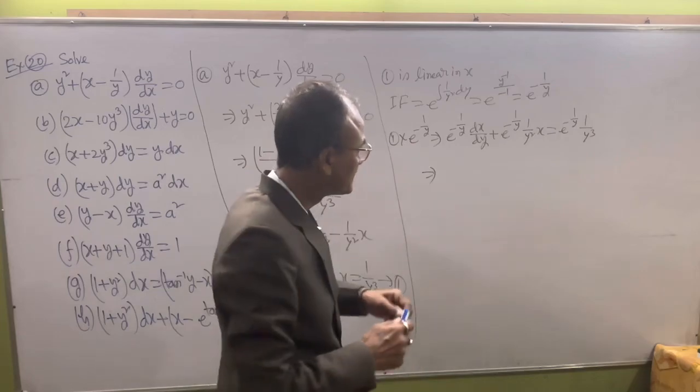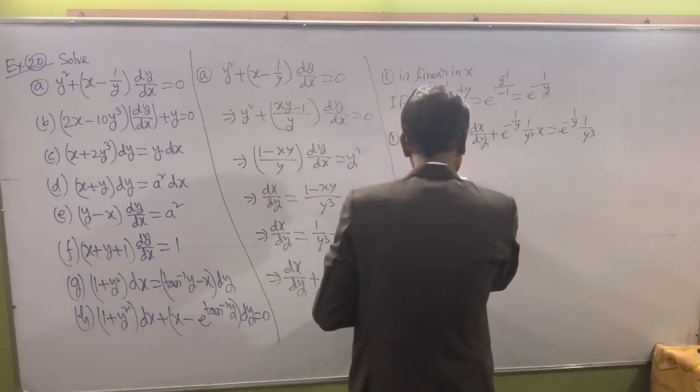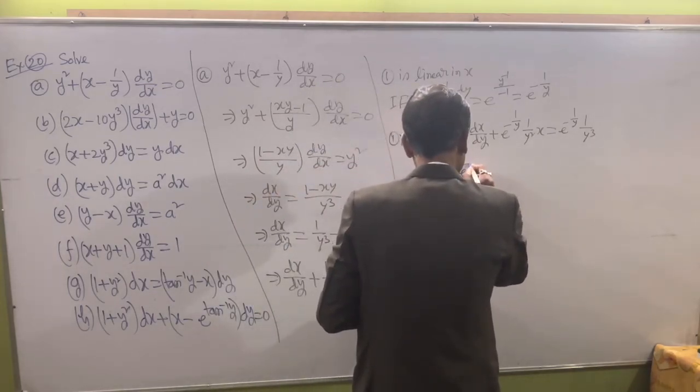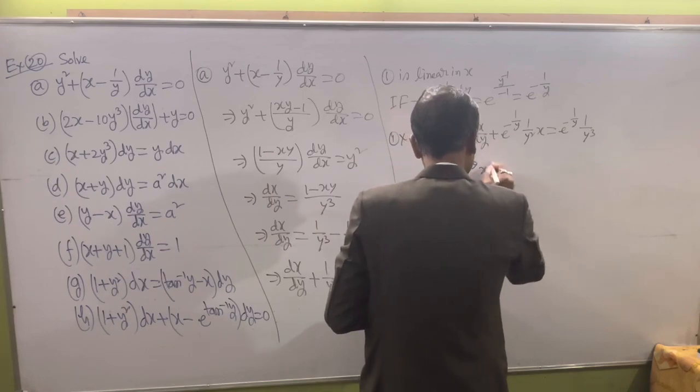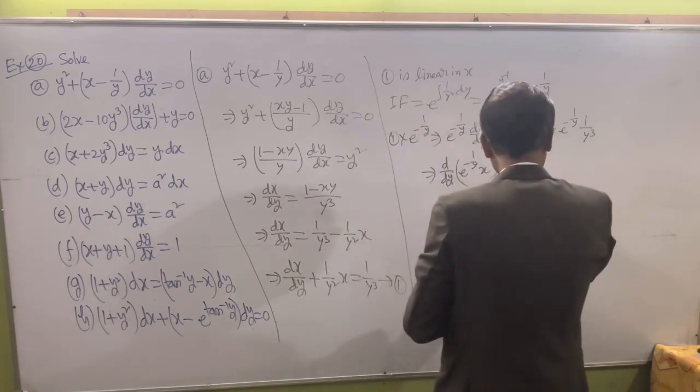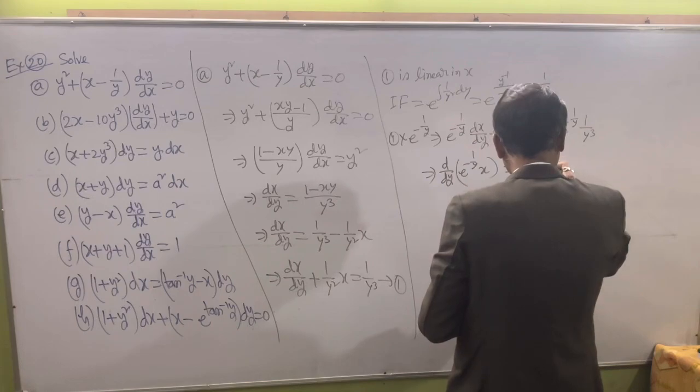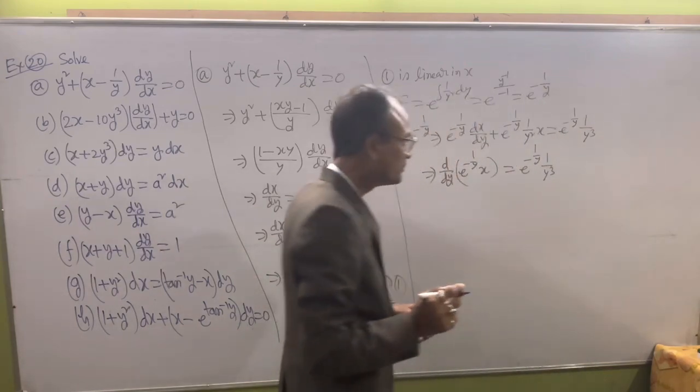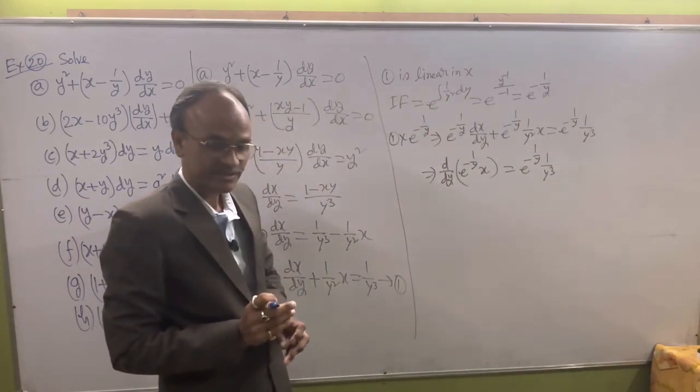Therefore, we can write e to the power minus 1 by y into x equal to e to the power minus 1 by y 1 by y cube.